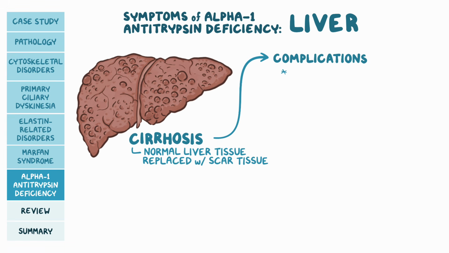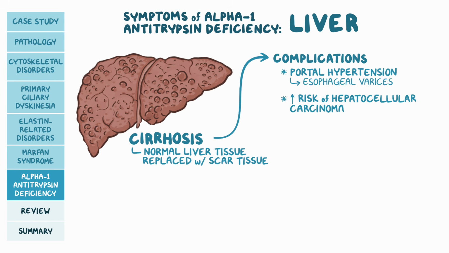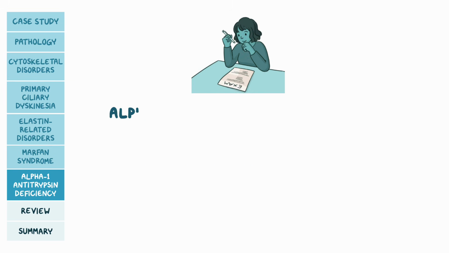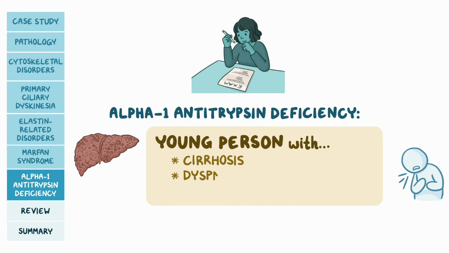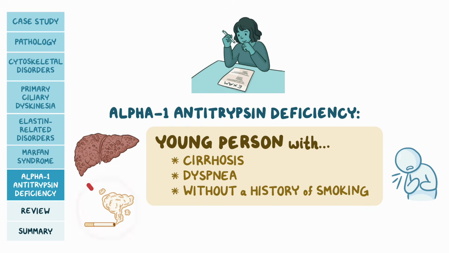Other complications include portal hypertension, which can lead to esophageal varices, as well as an increased risk of hepatocellular carcinoma. So in a test question, you should think of alpha-1 antitrypsin deficiency in a young person with cirrhosis and dyspnea without a history of smoking.